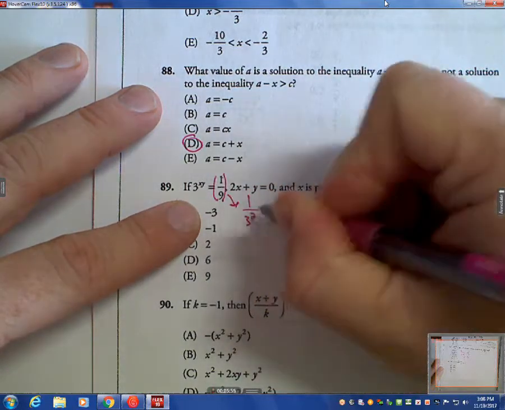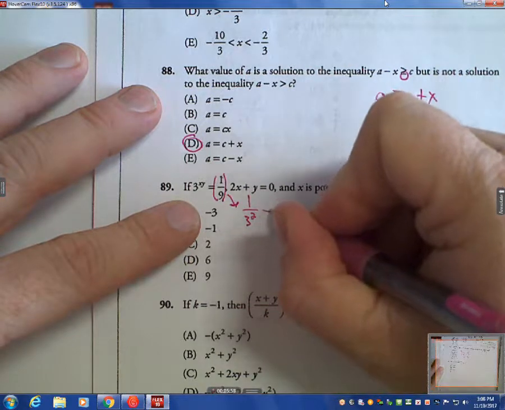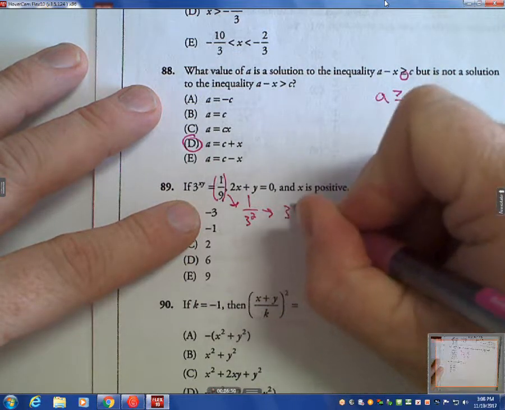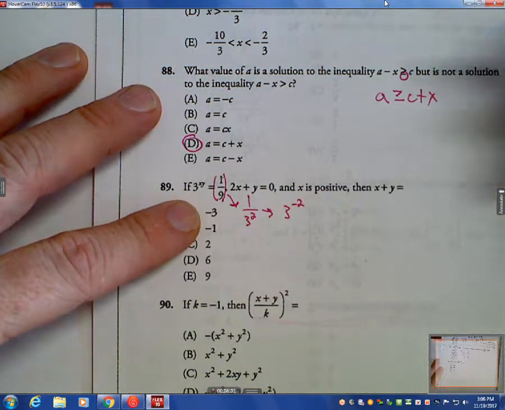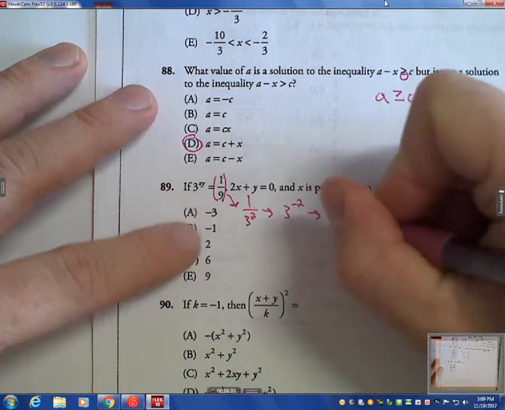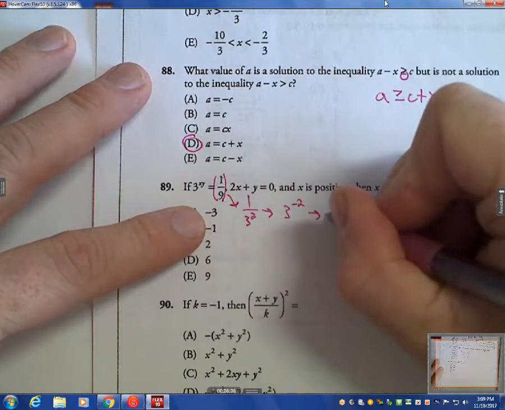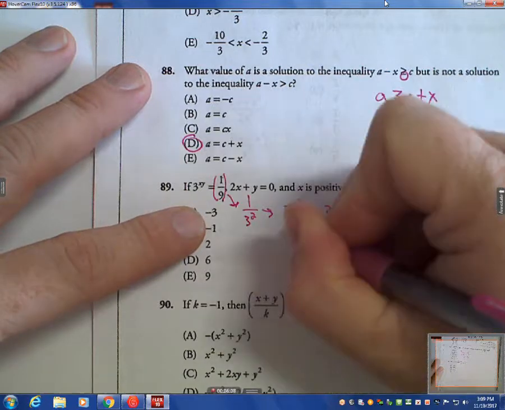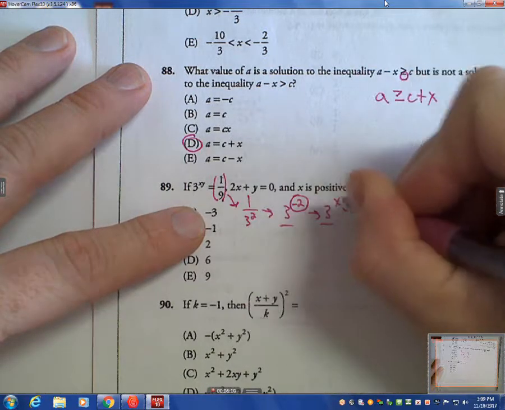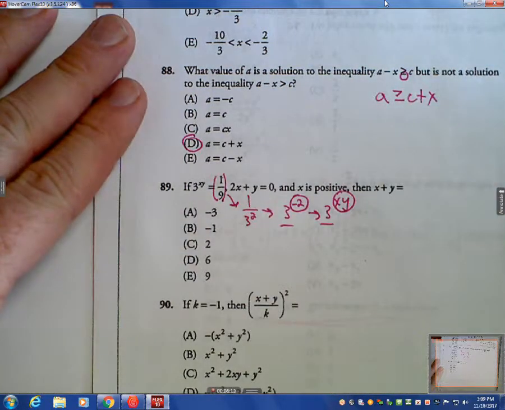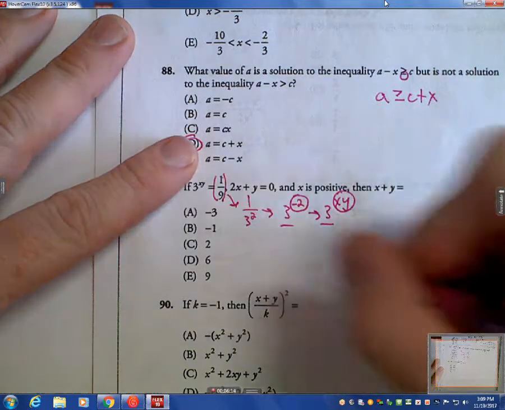And 1/3 squared is the same as 3 to the negative 2. So if I have 3 to the negative 2 and I have 3 to the xy, when we have the same base, we know that negative 2 has to equal x times y.